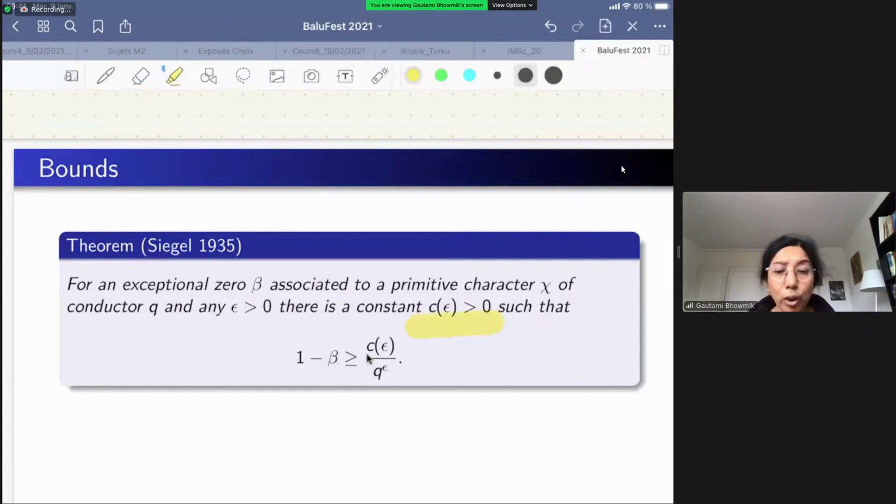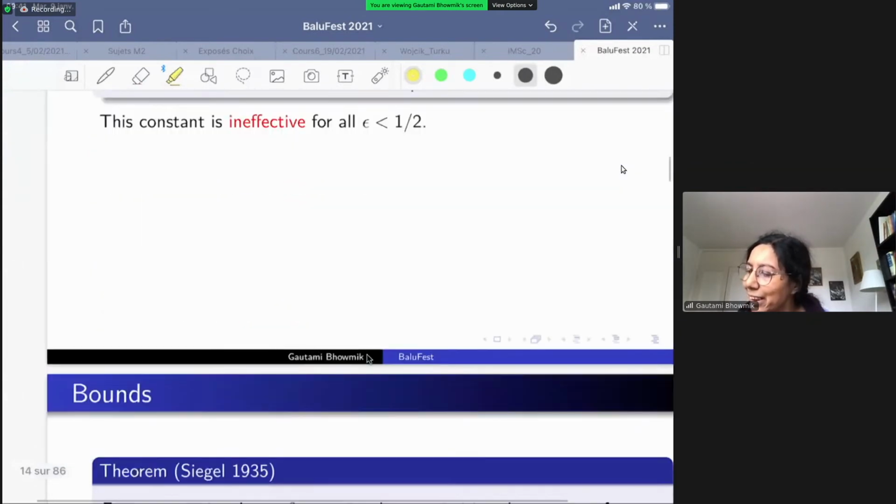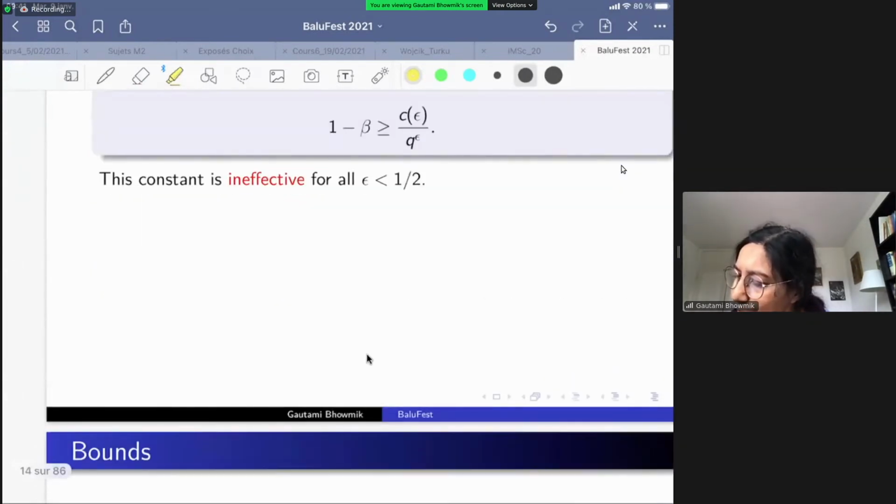Now, what's good about this result? Of course, it gives a bound, but what's not good about it is that this result is not effective. It is ineffective every time epsilon is less than half. It says that we cannot use it for many applications.